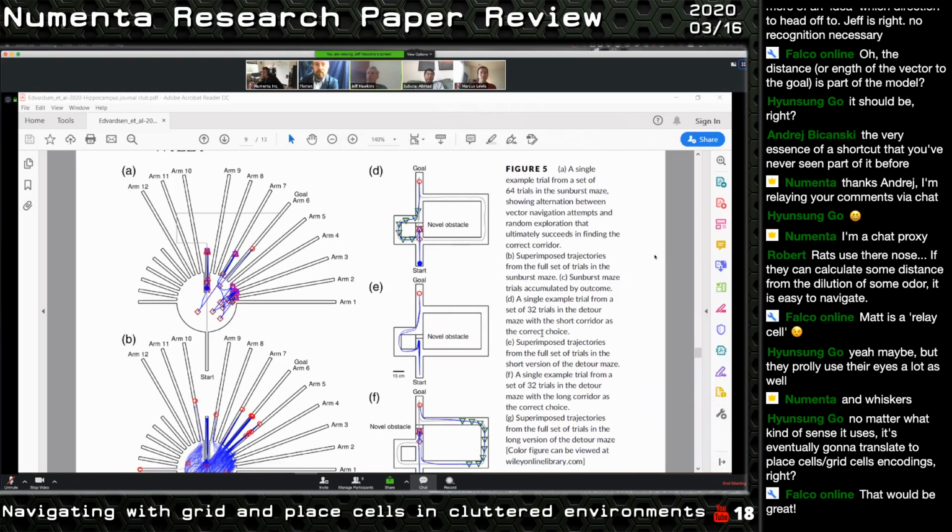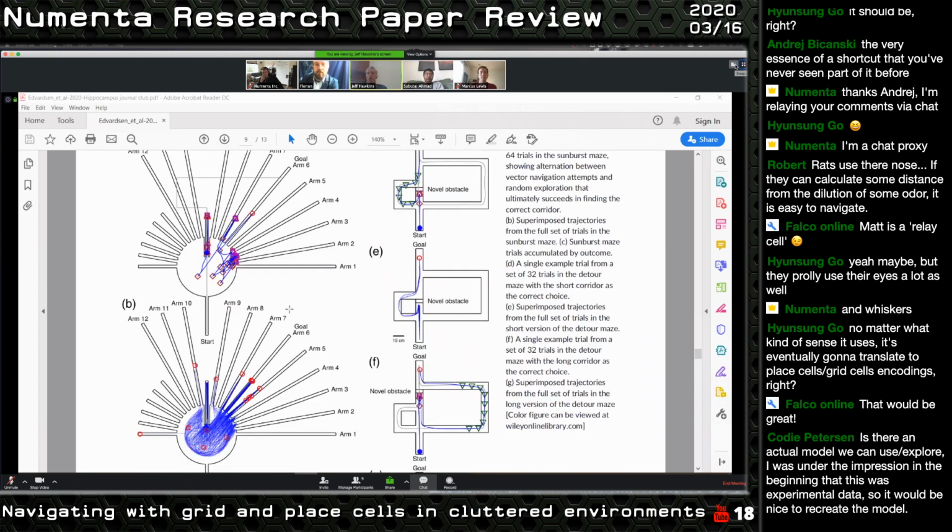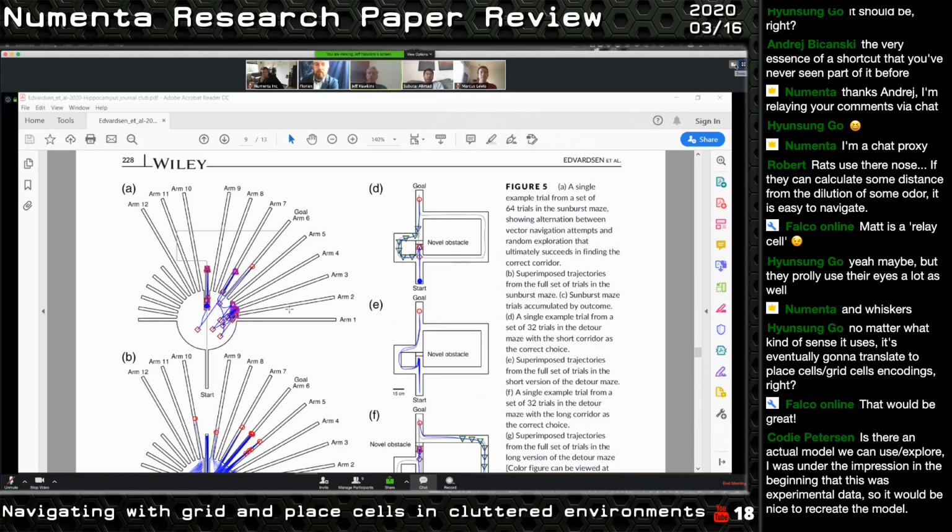The detour maze. These are classic mazes in the literature that rats have really gone through, and they're basically trying to show that the model works well on them. I don't think there's really much insight further into it, other than they're showing it's compatible with what rats have done in previous well-known mazes.